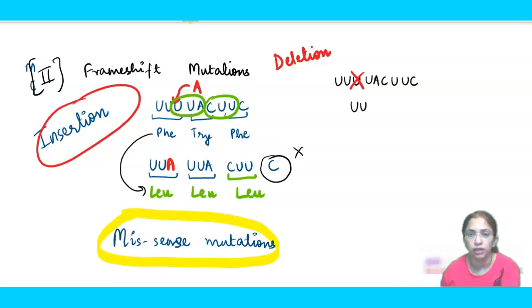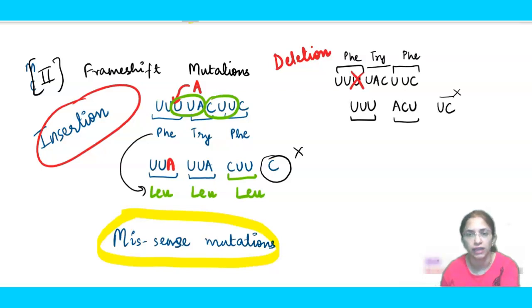So it will be UUU, then ACU, and we will not talk about the rest because this is not in the triplet form, right? So these are the codons. Earlier, they were phenylalanine, tyrosine, and then again phenylalanine. Now, the first amino acid will remain phenylalanine, but ACU will code for threonine.